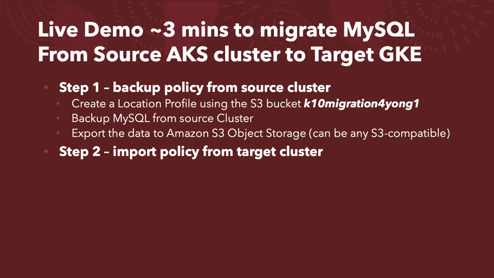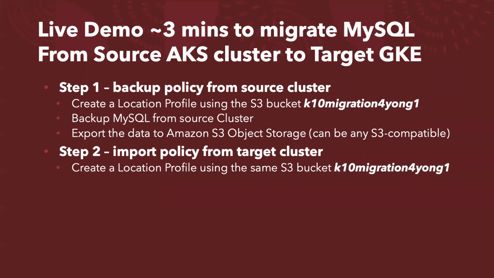Now we have finished step 1. We have the backup policy and the successful backup jobs. Now I will move to the second part. From the target cluster, you need to create the import policy. I already configured a location profile pointing to the same storage bucket. For this step, I was using the migration scripts, which I already configured.